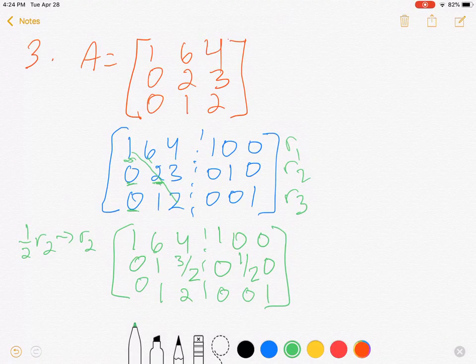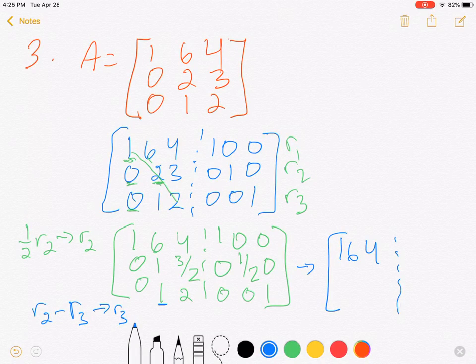Now, what I want is I want this right here to be a 0. So if I took row 2 minus row 3, and that became then row 3, then we'd be exactly where we wanted to be. So I get, top row doesn't change, 1, 6, 4, 1, 0, 0. Second row doesn't change, 0, 1, 3/2, 0, 1/2, 0.